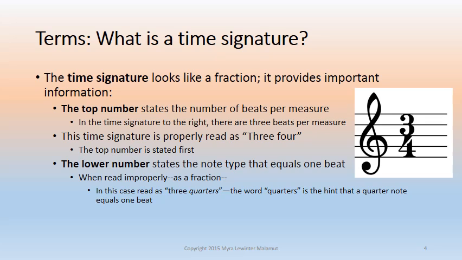So let's say if you had a time signature that was 3/8, you could say there are 3 beats in every measure, but if you say it as a fraction improperly, 3/8, then it's the 8th note that equals 1 beat.